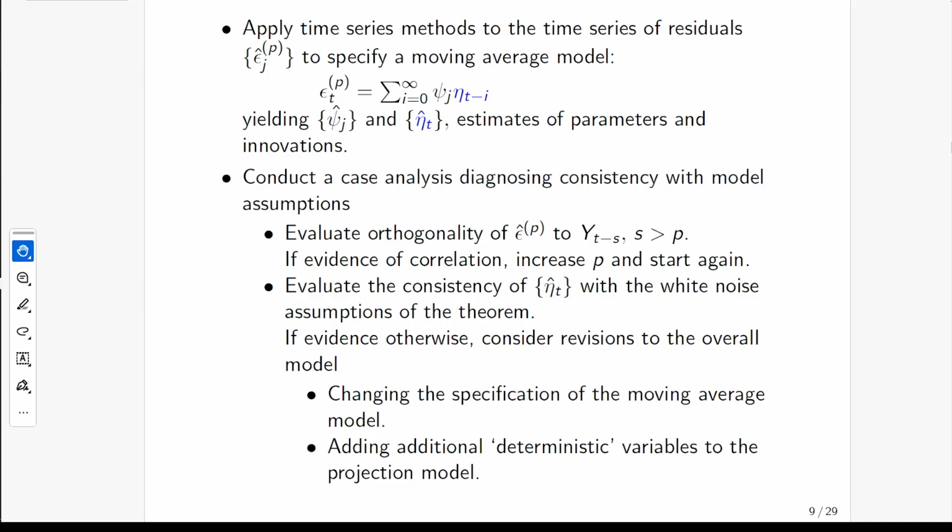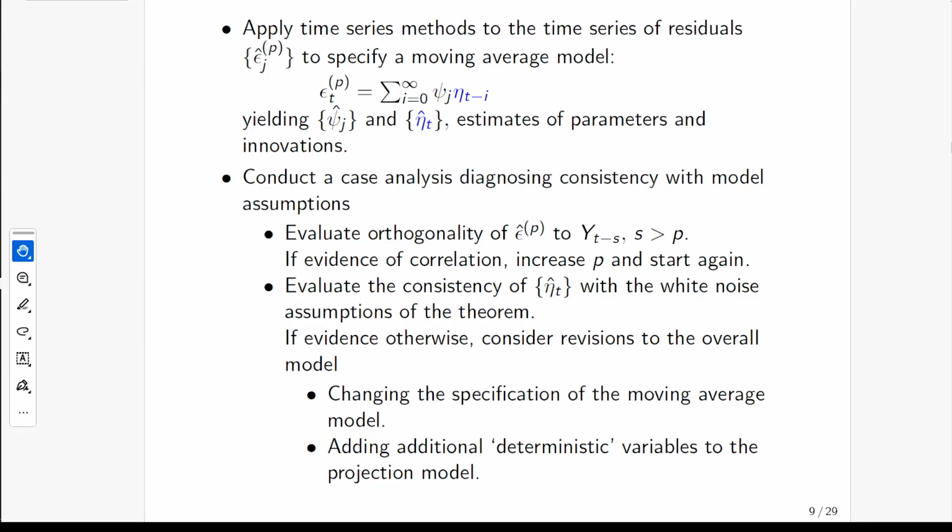With this step, we can then evaluate whether our residuals are orthogonal to lagged values for lags greater than p back. So these residuals should not have any dependence on lags of y that are further back than p. If those are not orthogonal, then we should increase p.